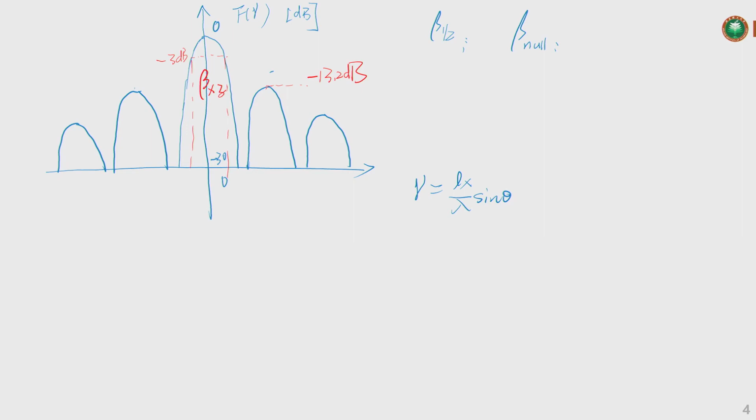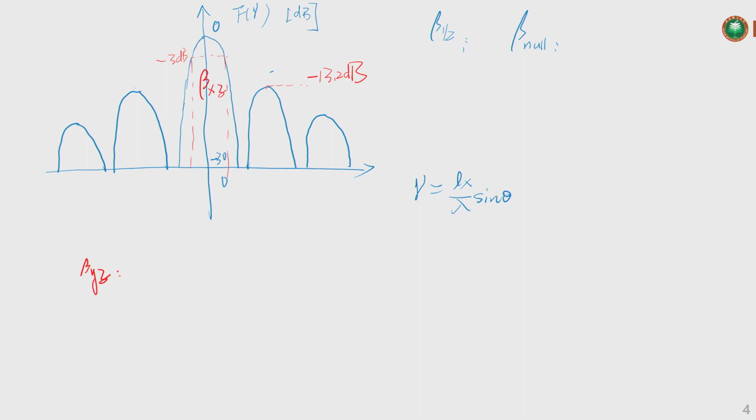So for this one, and also for beta x zeta, this is for the x or y plane, and for the y or zeta plane, we can also get another beam base. It's the beta y theta, alright?